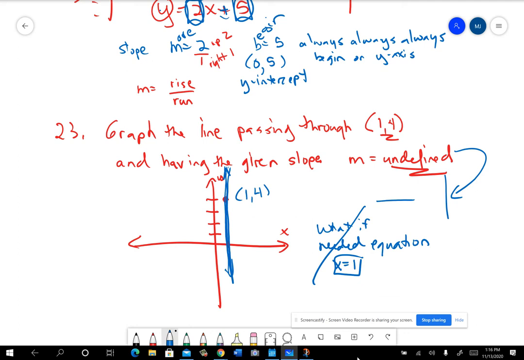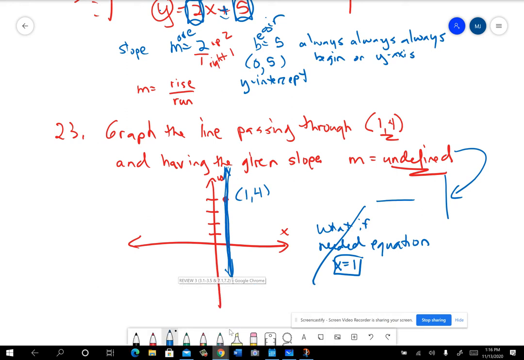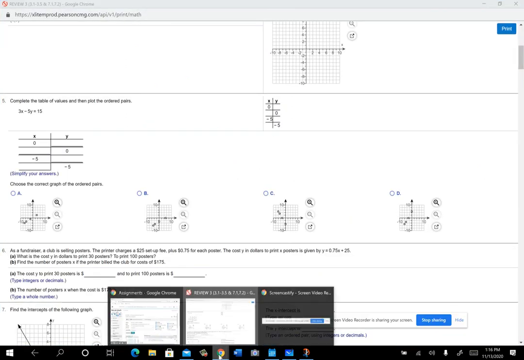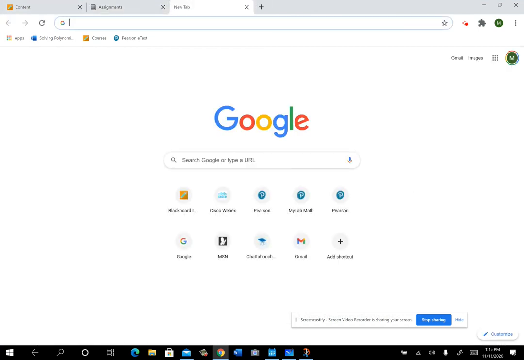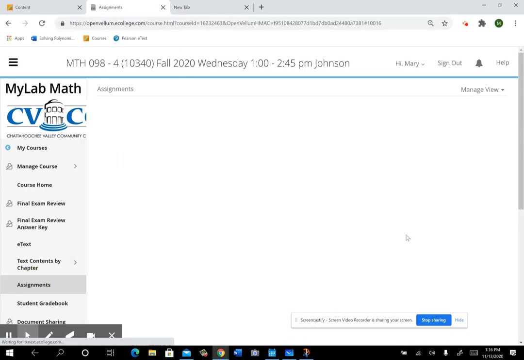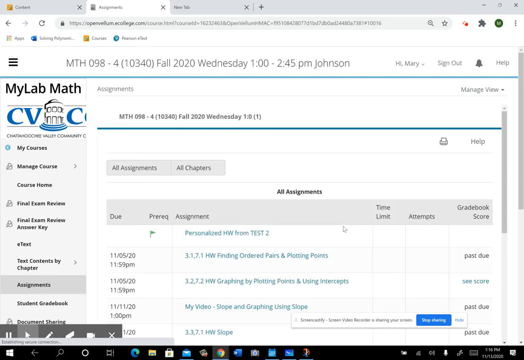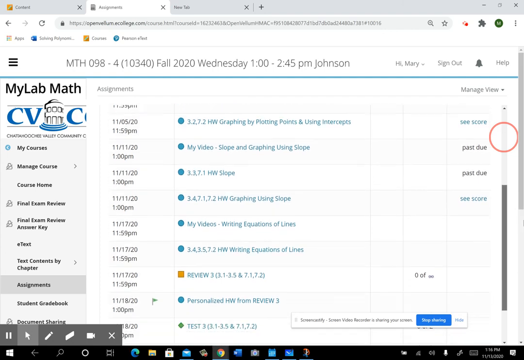All right, I want to go back to the assignment because some people have trouble using the graphing tool on this. So let me make sure you can do that.